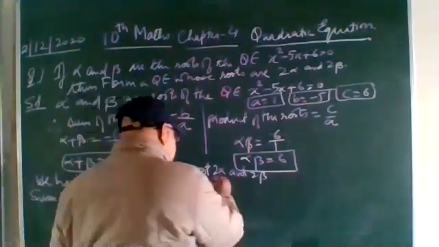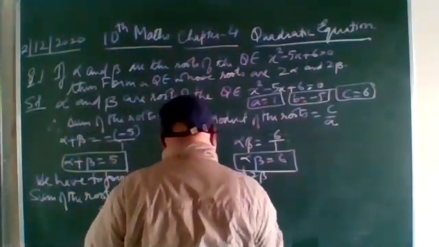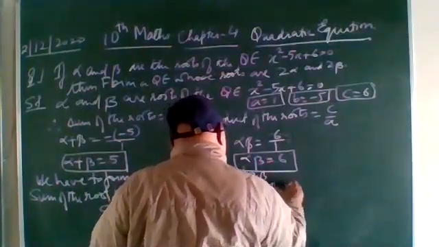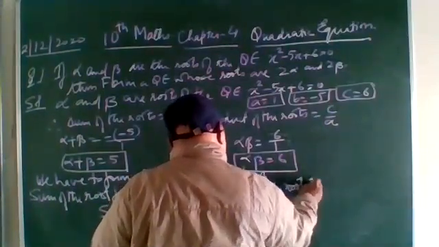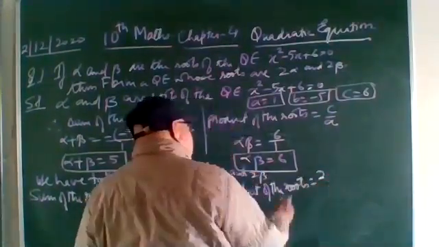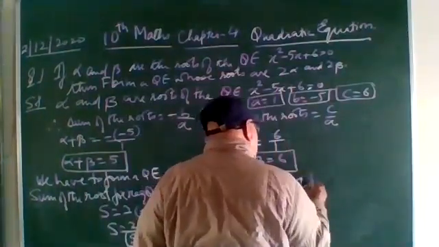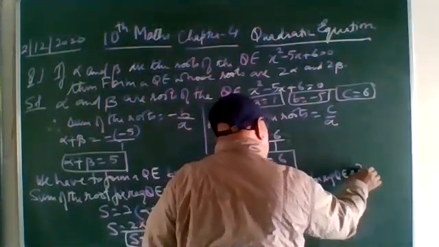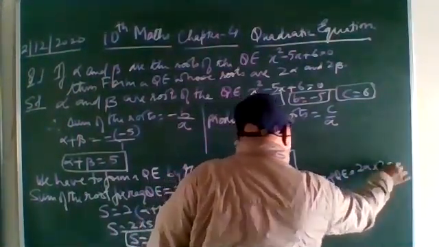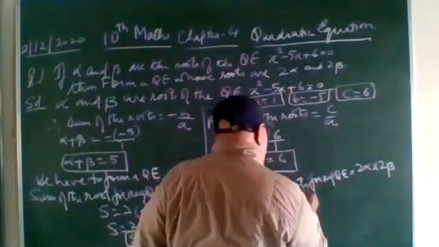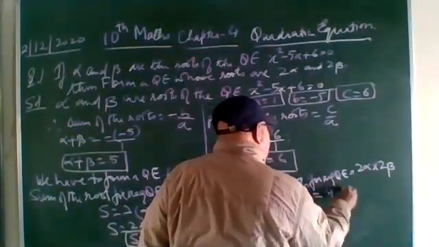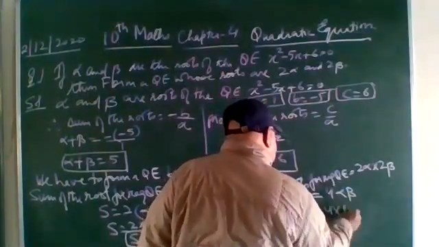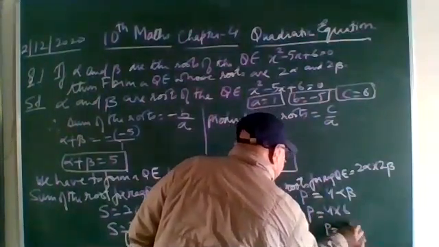Product of the roots for the required quadratic equation is 2 alpha into 2 beta. So capital P equal to 4 alpha beta, that is 4 into 6. Capital P is 24.